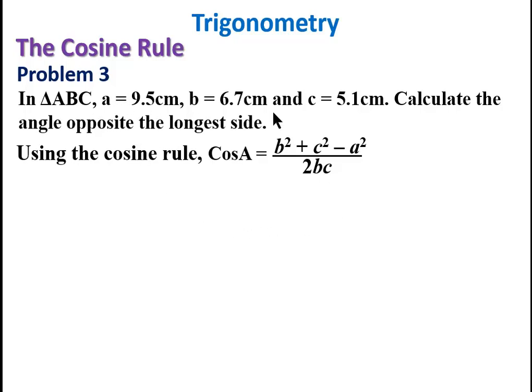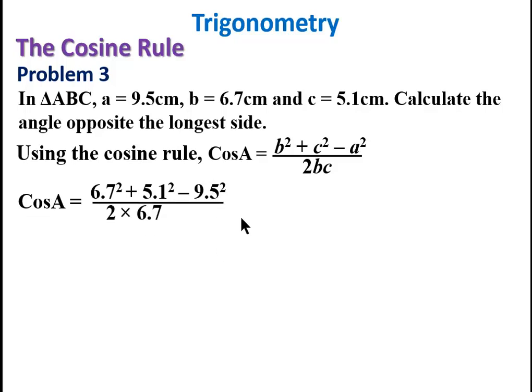So we now substitute in the values. Cos A, what is our B? B is 6.7. So I have 6.7 squared plus C, 5.1 squared, minus A squared, that's minus 9.5 squared, over 2 times 6.7 times 5.1.